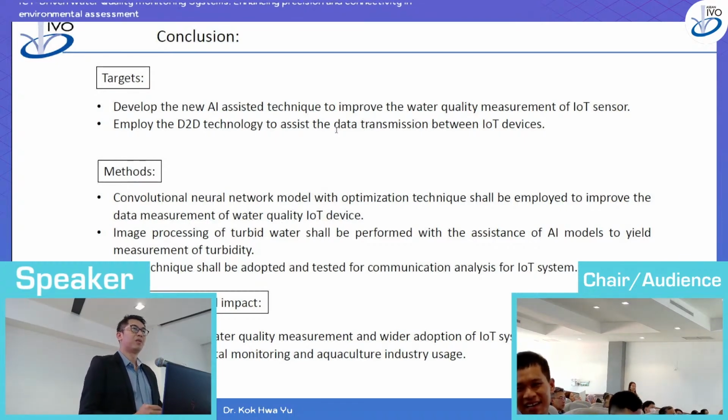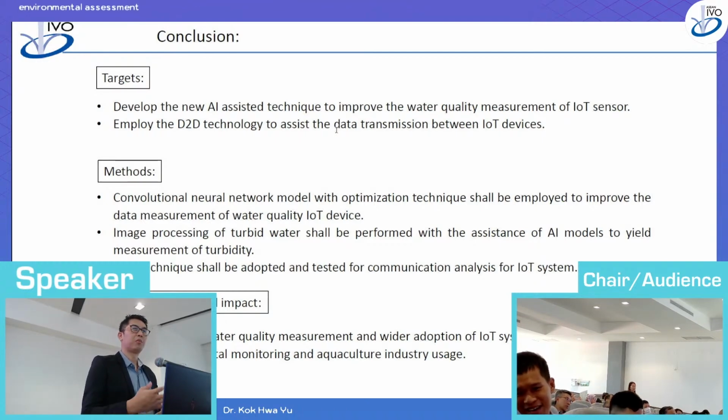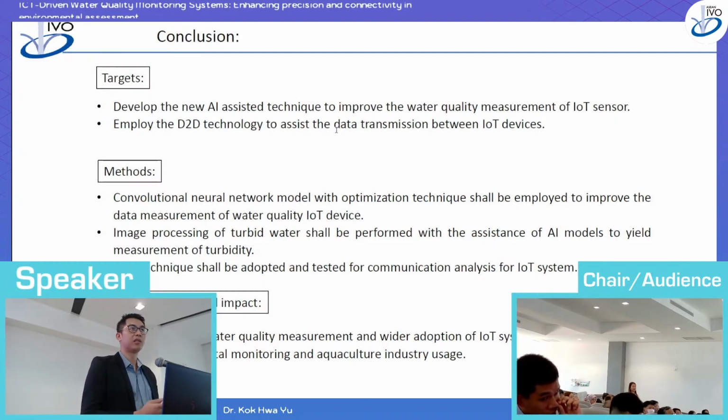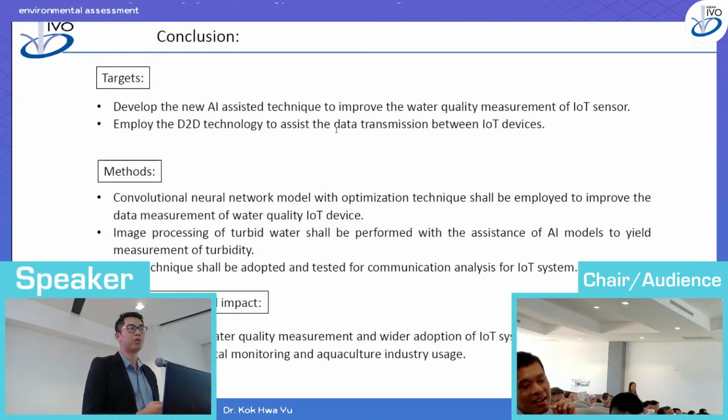For the commercial unit as well, we need to make sure the calibration is there. For example, biofouling can affect the sensor as well, so normally we need to clean it. But for the IoT sensor, what we try to do is calibrate it and implement the AI model. Some IoT sensors are based on some formulation to predict their outcome.